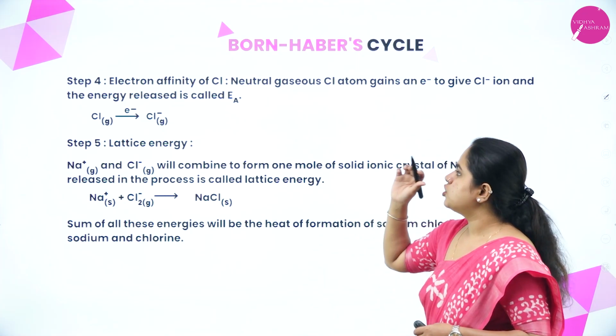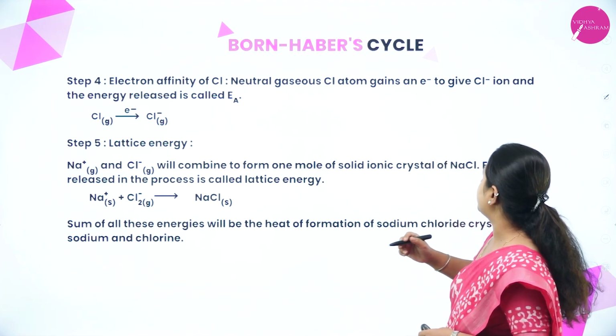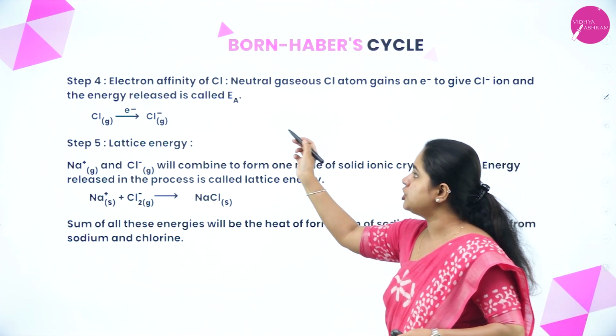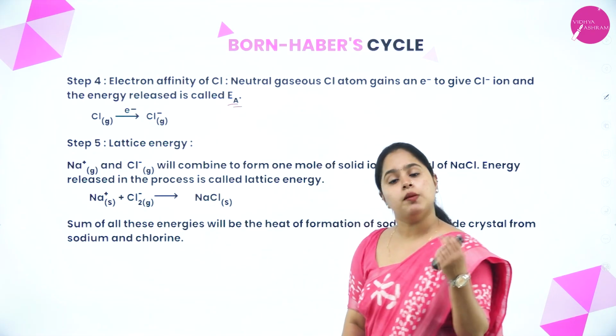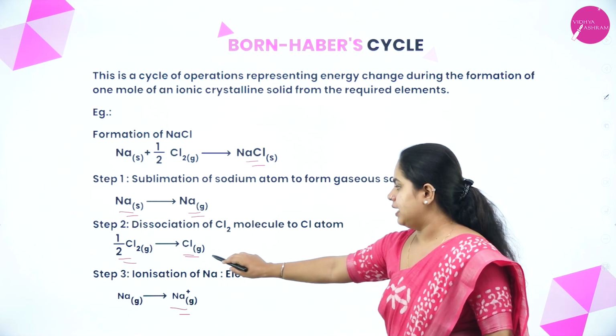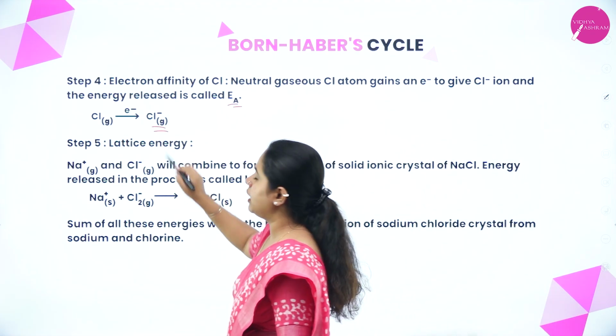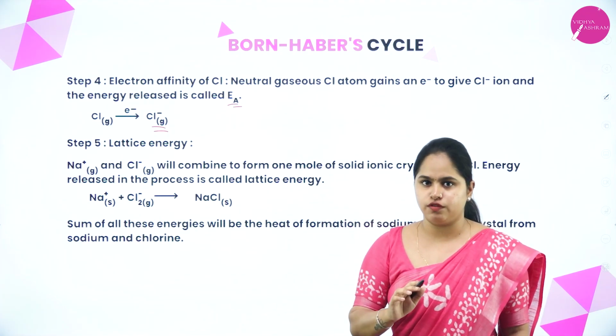The neutral gaseous Cl atom gains an electron to give Cl minus ion, and the energy released is called electron gain enthalpy, or electron affinity. So in this step, the Cl atom that is formed is converted to Cl minus anion by the addition of 1 electron.